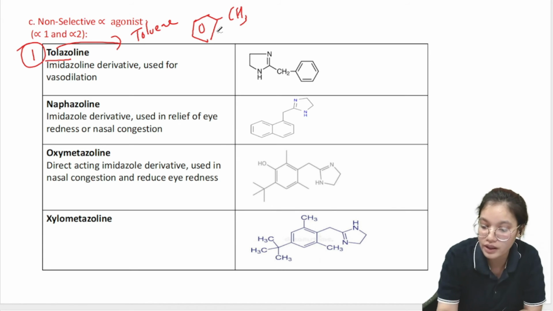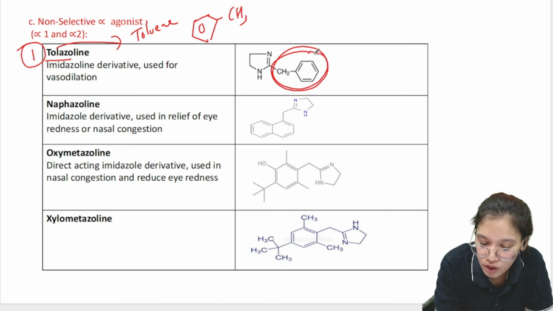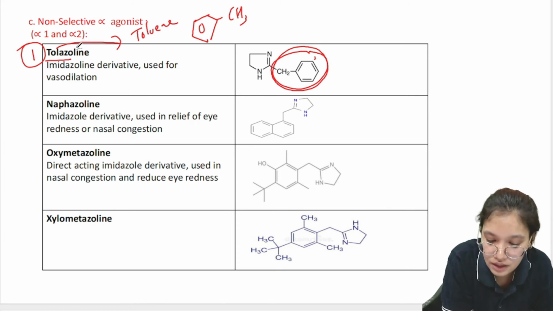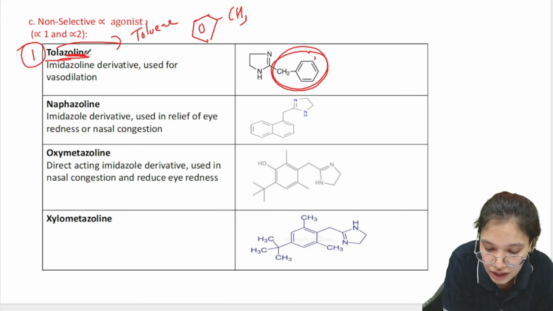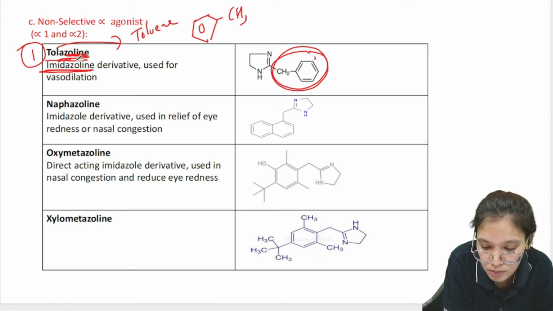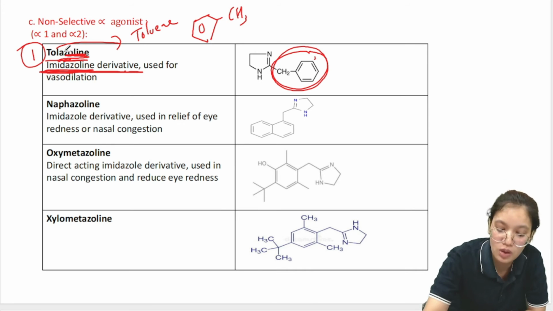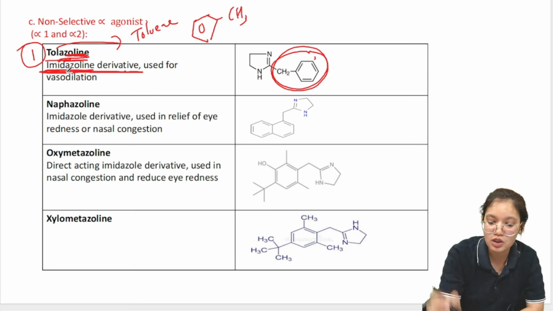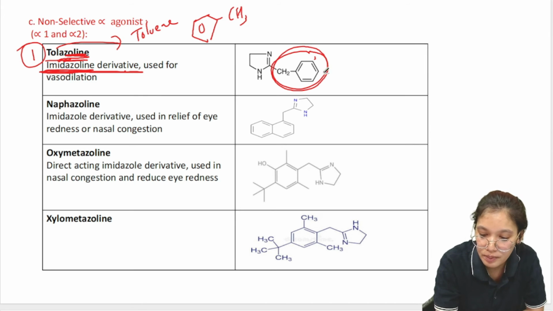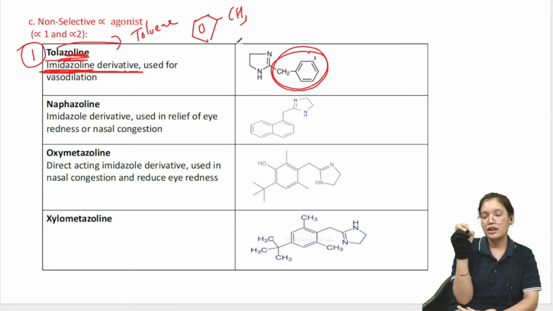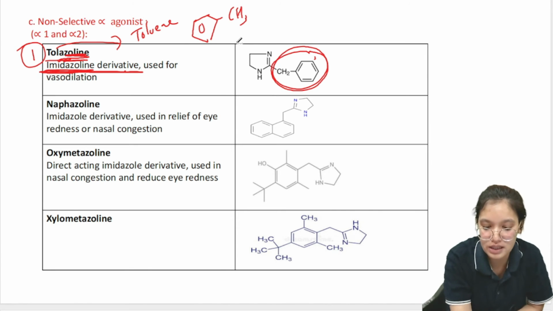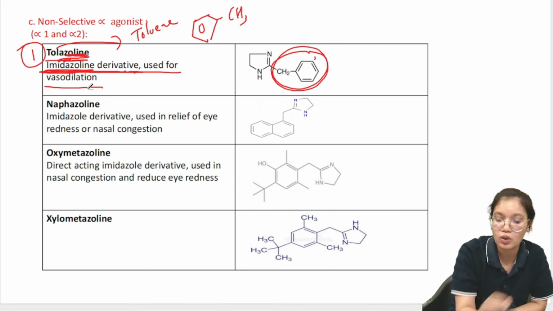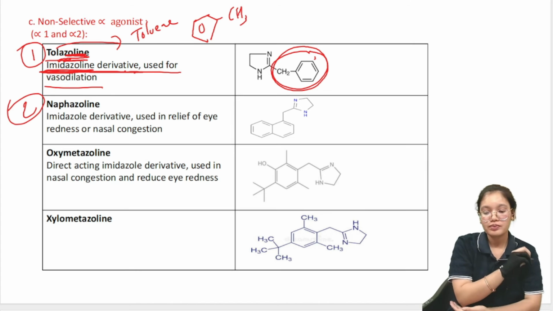And from azolin we can say imidazoline. From zolin we can say it has an imidazole. It is an imidazole derivative. So tolazoline has a benzene ring with CH2 that is attached to an imidazole ring. Okay, so it is an imidazole derivative that is used for vasodilation. Easy to remember, tolazoline.